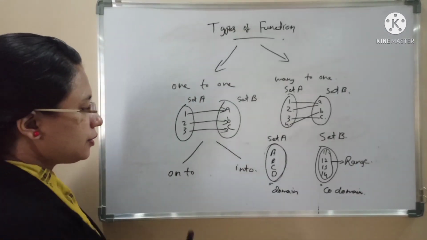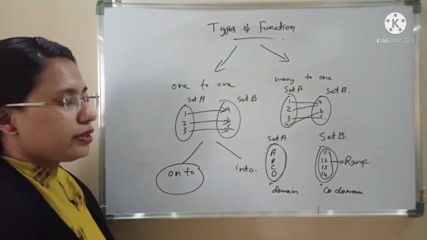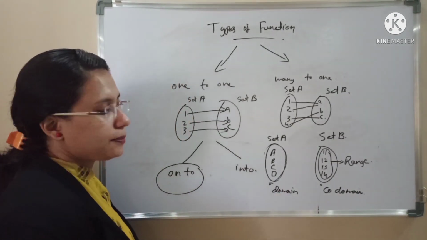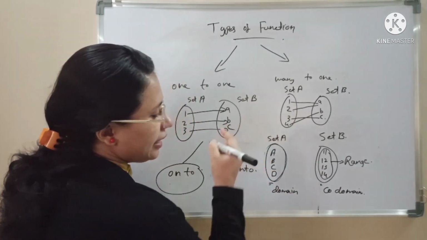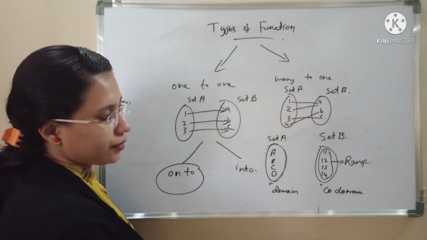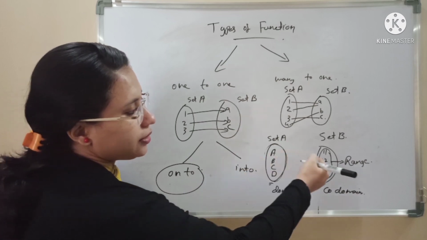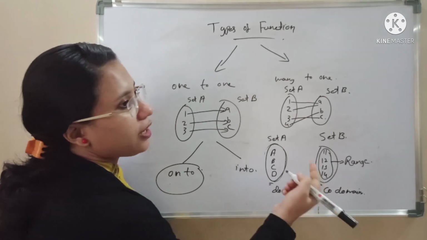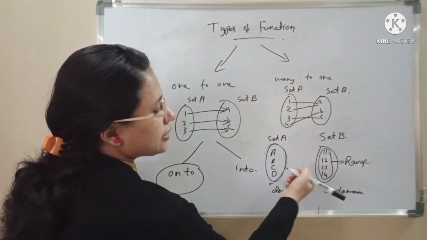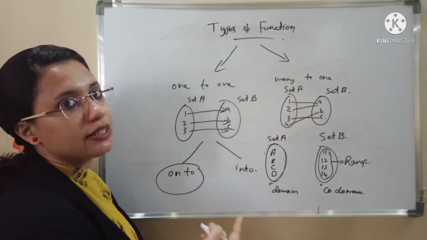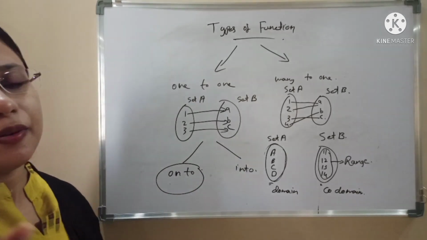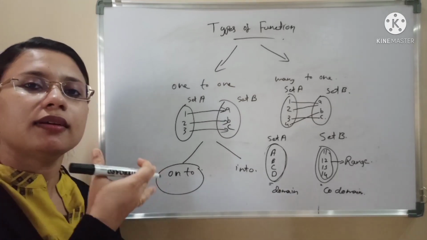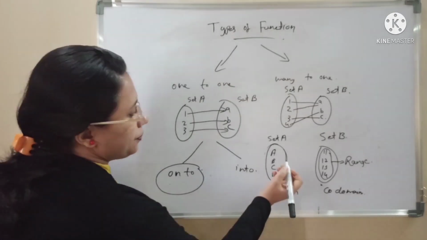So the condition of onto is about the range, meaning the elements in set A which are related with some elements in set B. What all are the elements in set B which are related with set A is called the range.